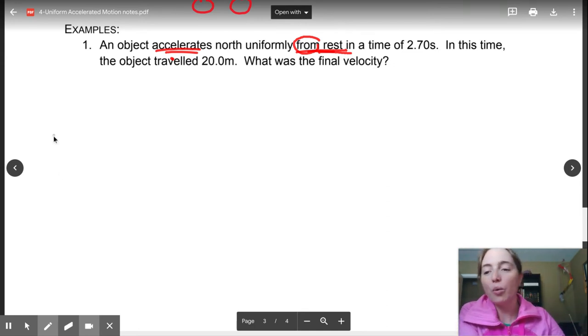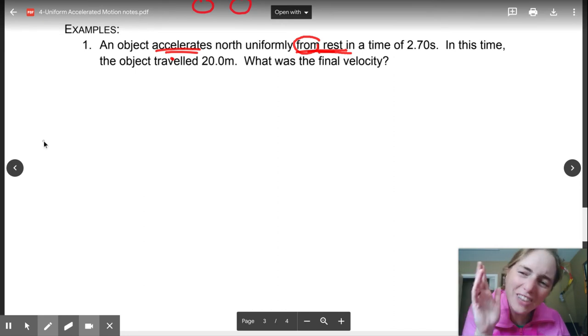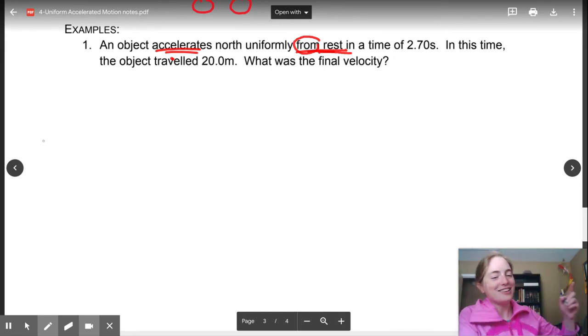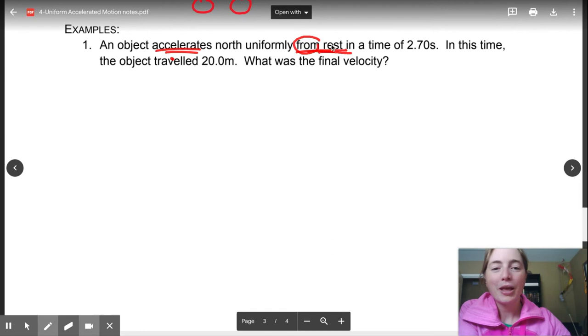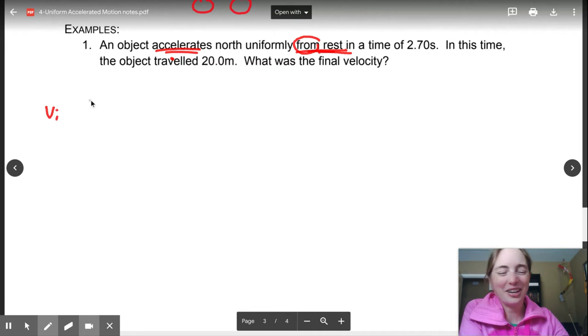Now, when we say the word rest, that's going to give you your velocity. If you're stopped, do you have velocity? No, you don't. From rest means we're starting at a stop. It sounds so funny, starting at a stop. So your Vi is going to be 0 meters per second.